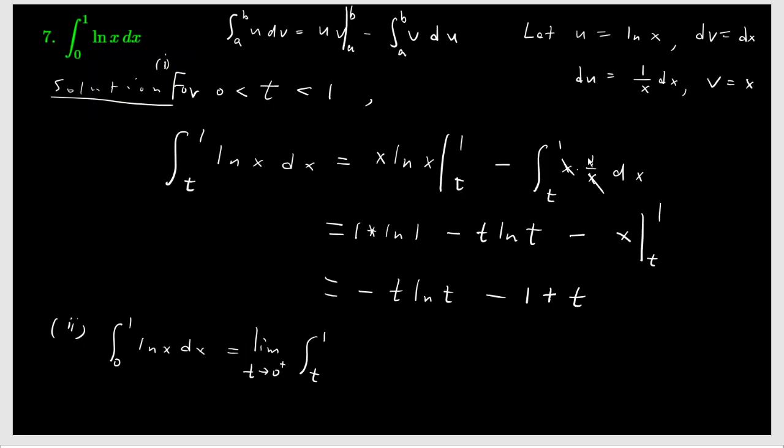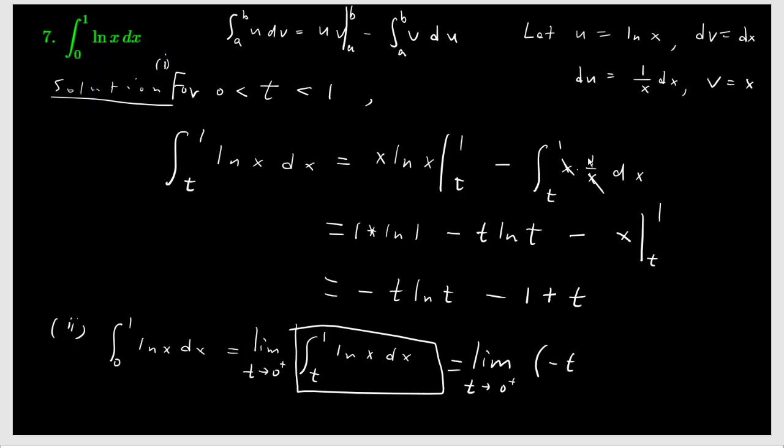Okay. Natural log of x dx in here. Okay. The box part, we get the answer to the box part from step 1. So we just take the limit as t approaches 0 from the right. Okay. Negative t times natural log of t minus 1 and then plus t.